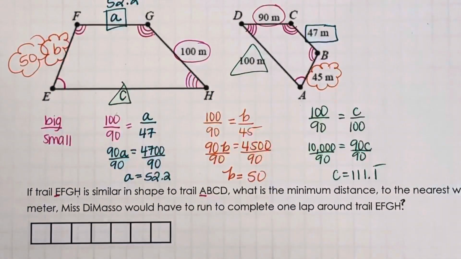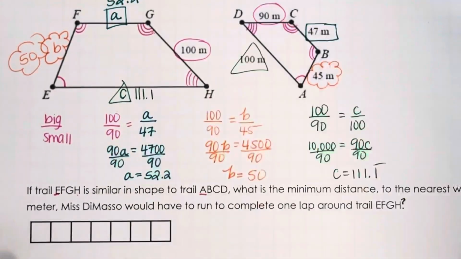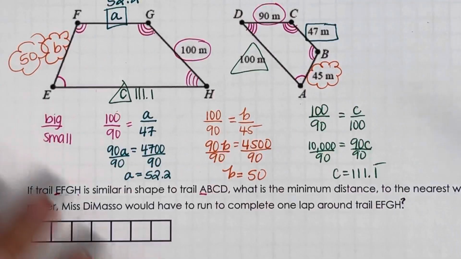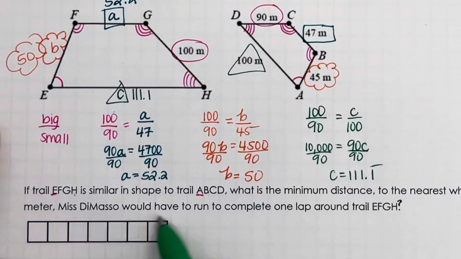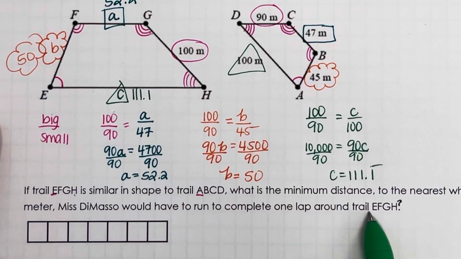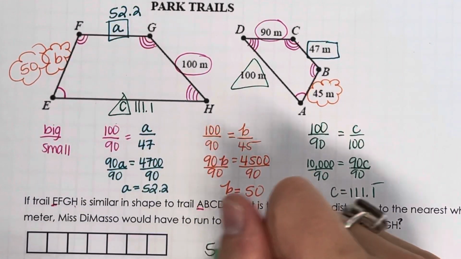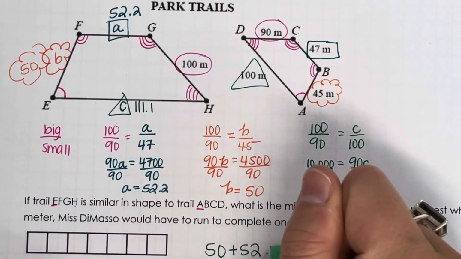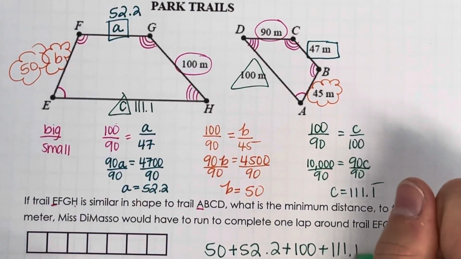Okay, so now I have all three of my side lengths there, and I actually already had this one over here. So the last step is to the nearest whole meter, Mr. Master would have to run how much to complete one lap around trail EFGH. So essentially all I'm going to do now is just add up all of my side lengths together to get the perimeter. So I'm going to do 50 plus 52.2 plus 100 plus 111.1.